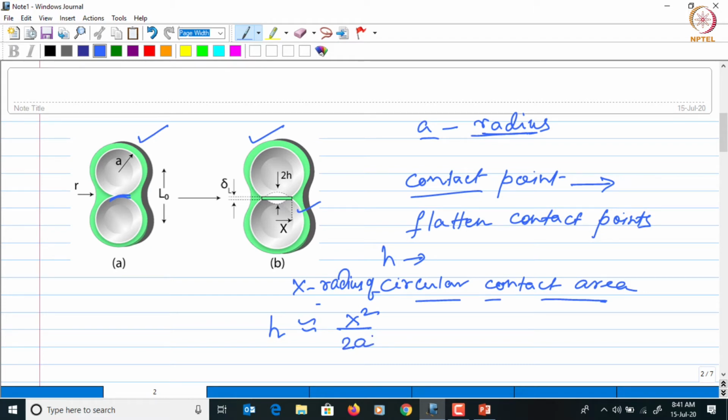And the volume of material which is removed due to this center to center approach is given as pi a h squared.